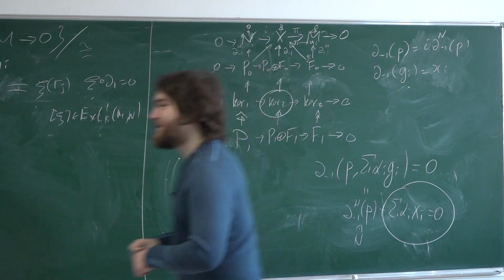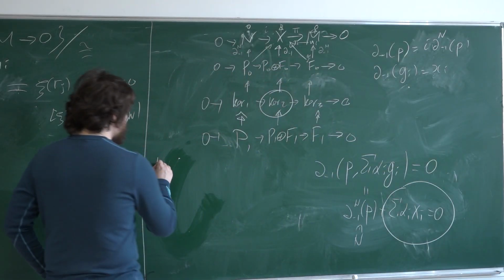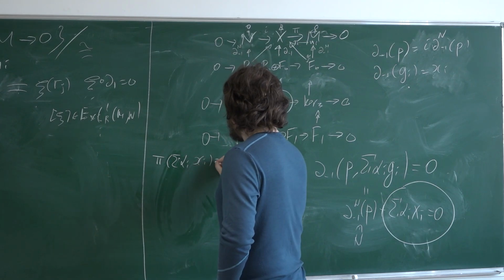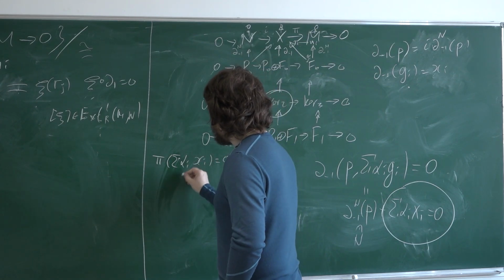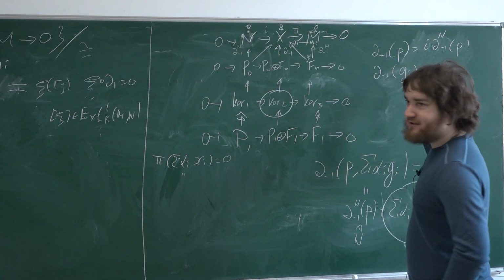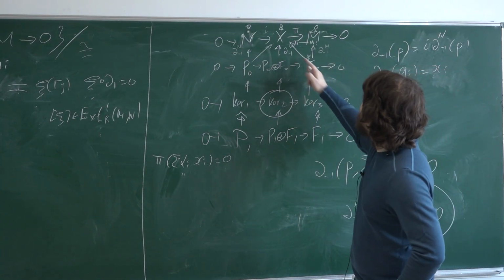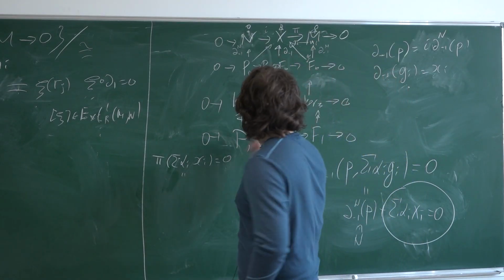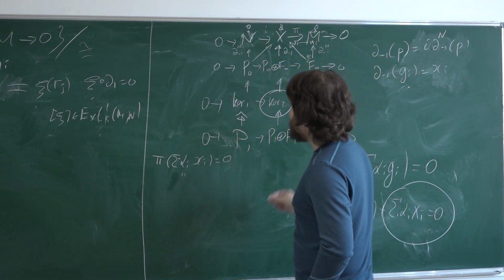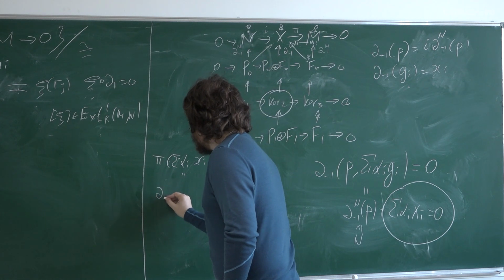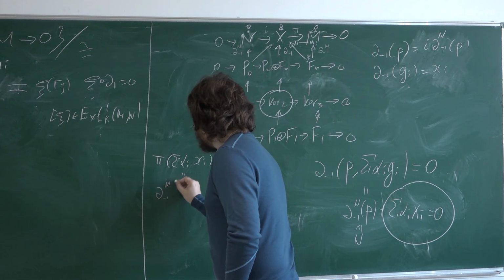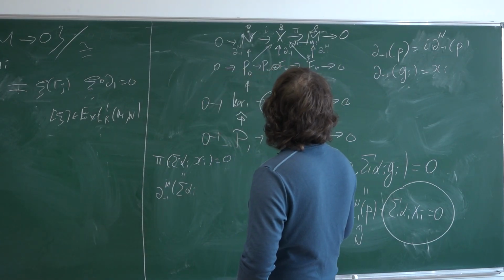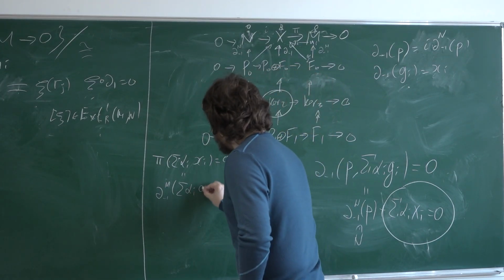What does it mean? If I apply pi to this sum, alpha i xi, I obtain 0. On the other hand, pi of xi is mi. I know this because this is gi to xi to mi. It's this map, it's just d minus 1 of m. So this is just d minus 1 of m of alpha i gi.